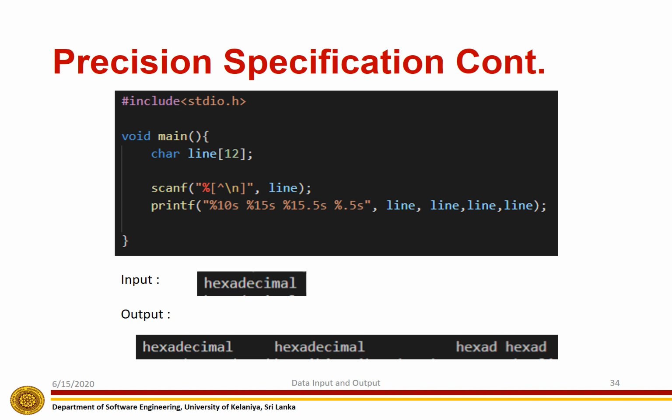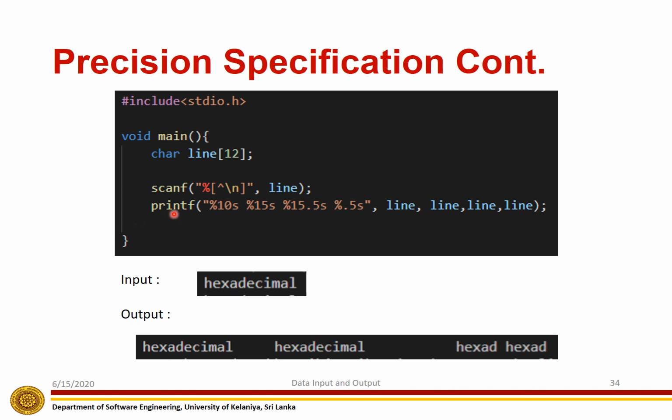If the precision specification is less than the total number of characters in the string, the excess rightmost characters will not be displayed. This will occur even if the minimum field width is larger than the entire string, resulting in the addition of leading blanks to the truncated string. Then you can see an example in the slide.